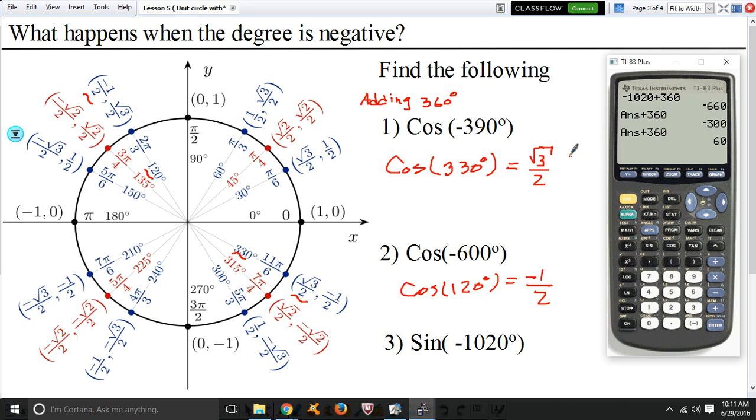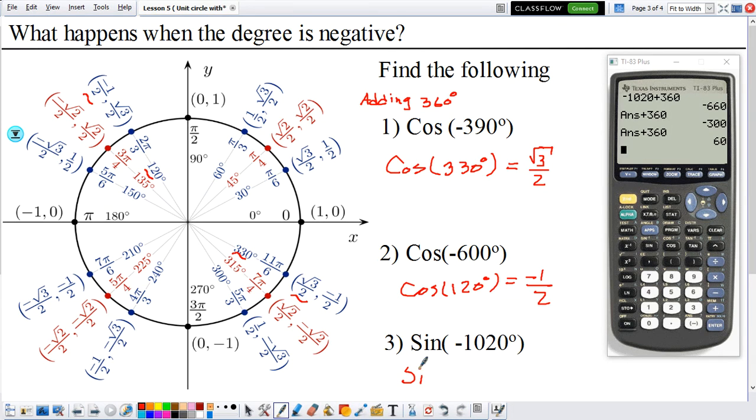So now we get 60. So this is the same as the sine of 60. Here's 60. If I want the sine, I look at the y. That's square root of 3 over 2.